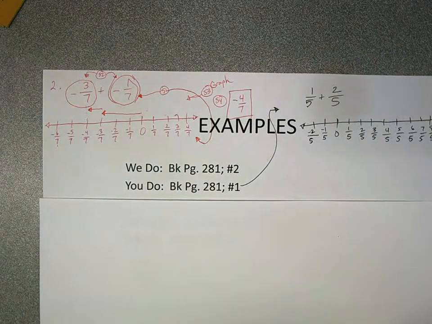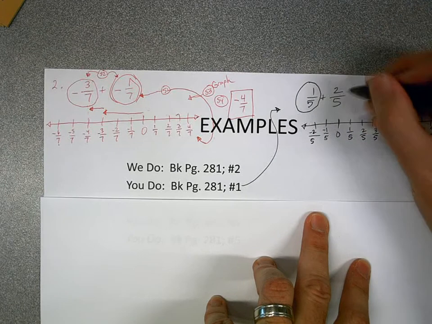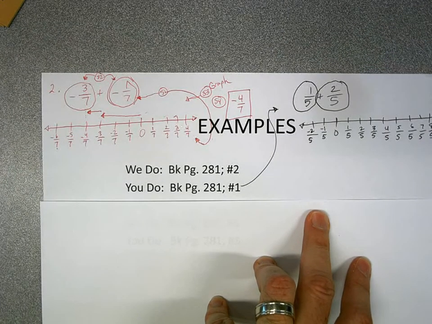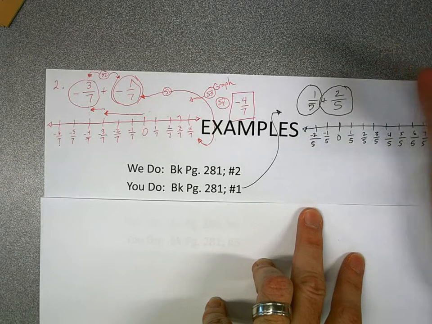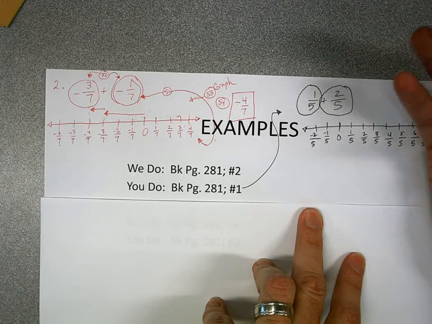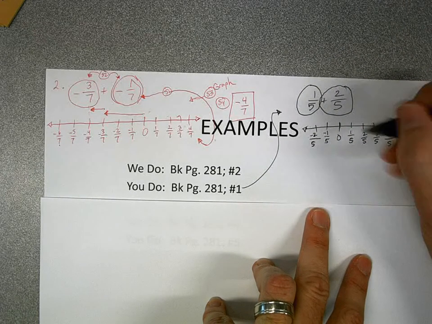All right, so here we go. I'm going to go ahead, circle my integers, or in this case my fractions with the sign in front. It happens to be they're both positive, right? Now hopefully if you looked at this without even graphing, you know what the answer is. That's not quite what they want. They want you to use the number line for some easy practice. So that's why you were expected to show it on the number line.